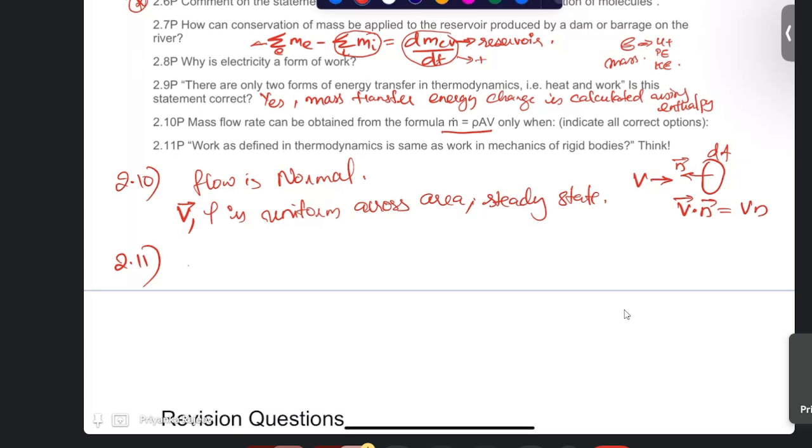Rigid body includes only mechanical work.